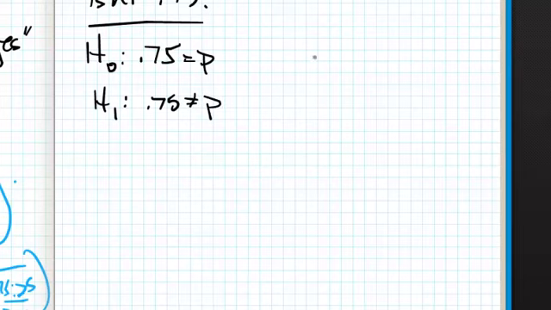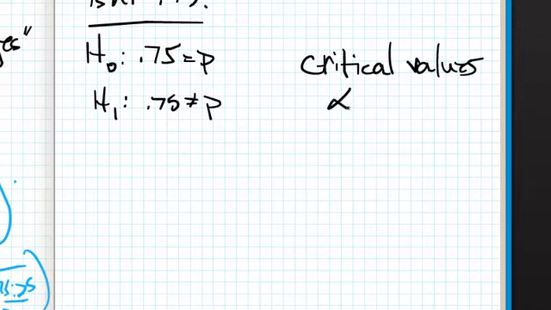Now, what we're going to do here is find what are called critical values, and we've talked about critical values before, and alpha equals 0.05.